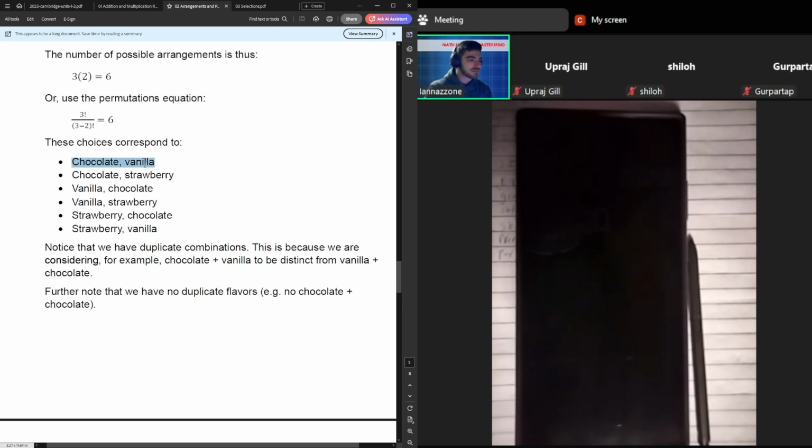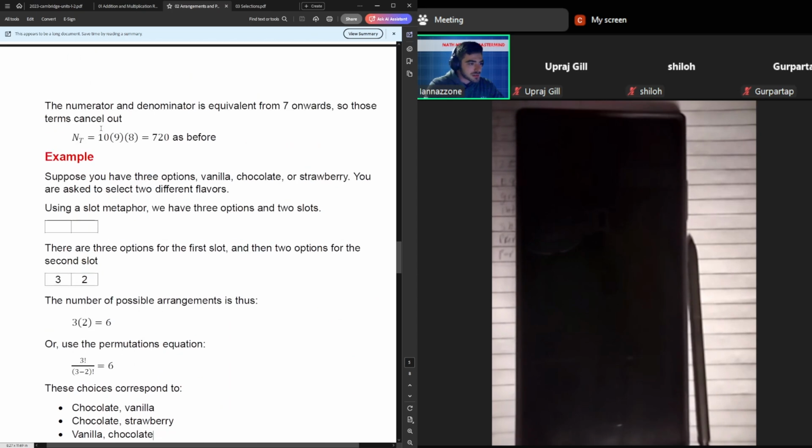So chocolate and vanilla is seen as different to vanilla and chocolate, at least as far as the permutations equation is concerned. Your scenario might not care about that. Your scenario might care about that. It all depends on what's being said in the question, really.